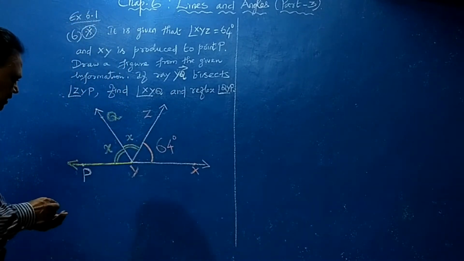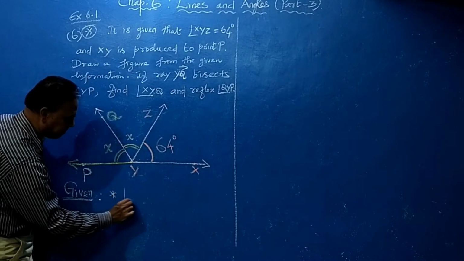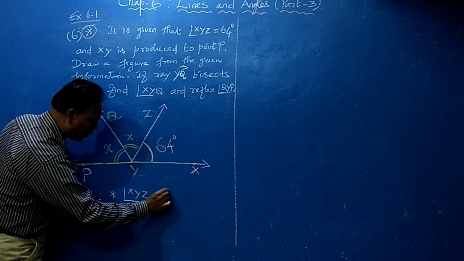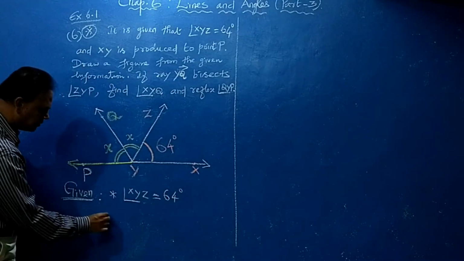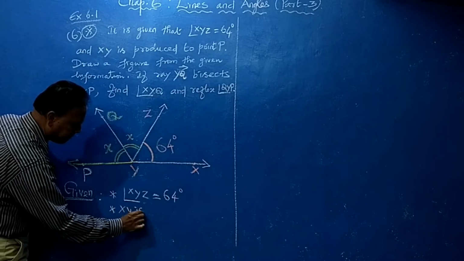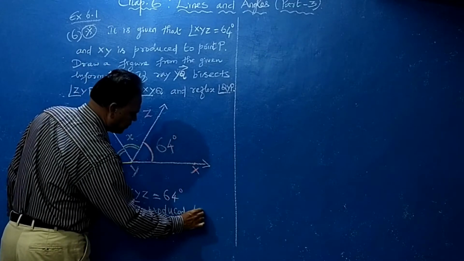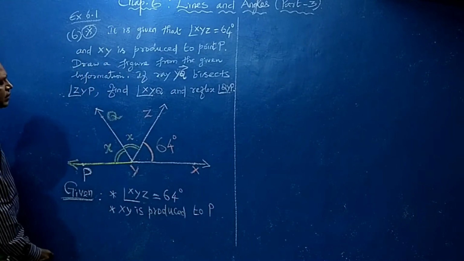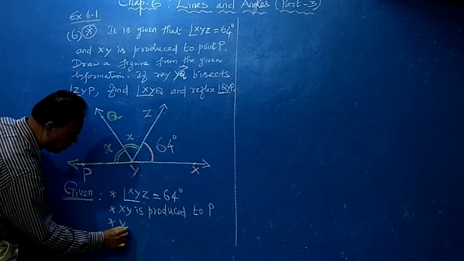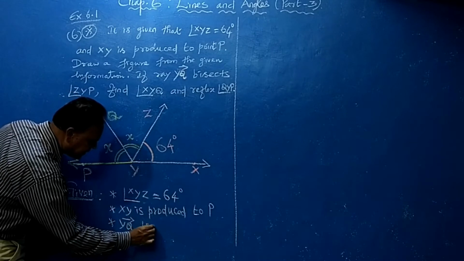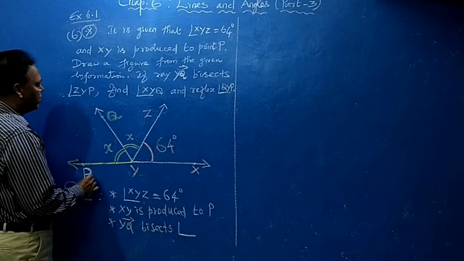So now write what is given. Angle XYZ is 64 degrees, it is given, right? Then XY is produced to the point P. Another thing is given: ray YQ bisects angle ZYP.